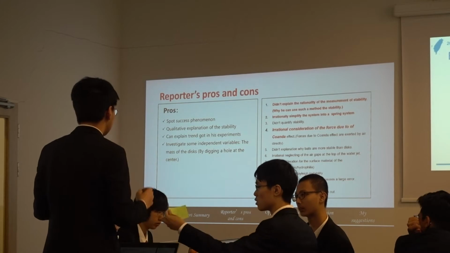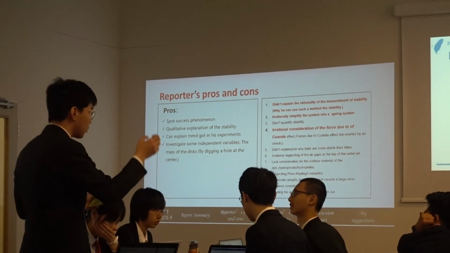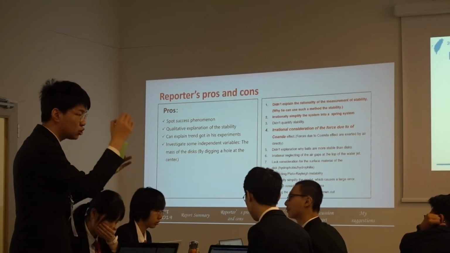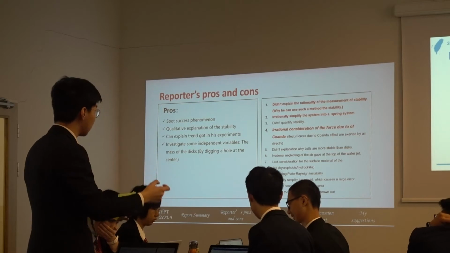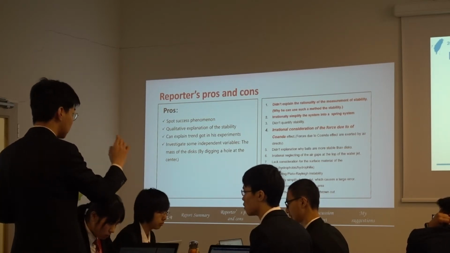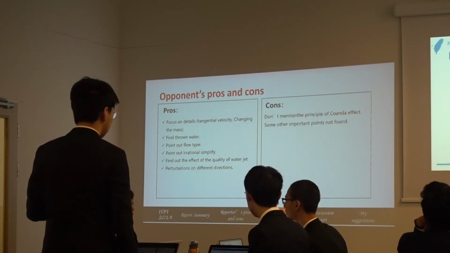It also has an irrational consideration of the cross area, because it is not the cross area of the water jet that is influencing, but the ratio of the thickness of the disc to the diameter of the water jet. It is actually not the cross area of the water jet that is exerting. And then I talk about the opponent. I think the opponent is very good.